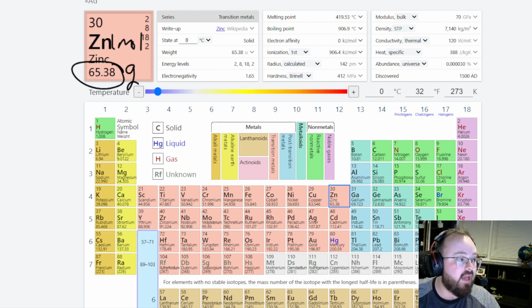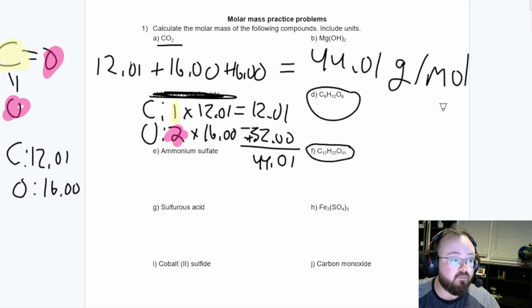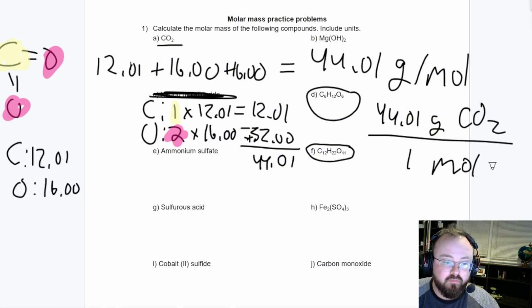So our unit, going back to here, is always grams per mole for a molar mass. And just to put this into perspective for when it comes time to do conversions in a little bit, that means that there are 44.01 grams of carbon dioxide for every 1 mole of carbon dioxide. That is what this value represents.